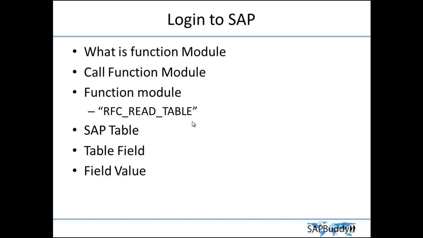Next, let us come to SAP tables. As you know, SAP tables contain a lot of data, where we save all the data in SAP in table format, and these tables have fields and the fields have field values. So let us get into our SAP system and see how to view this table first.